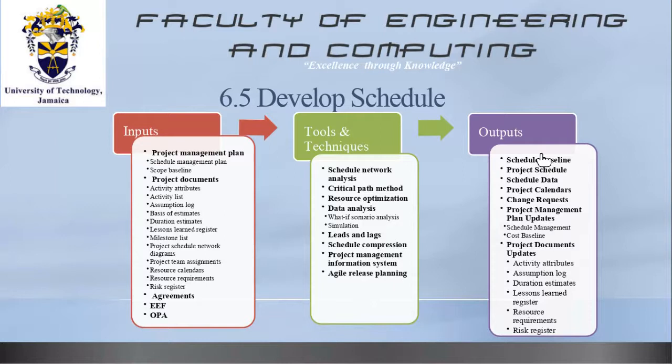All right. Now, the outputs are many, but of course, we get our schedule baseline and the project schedule, the schedule data, the various calendars, and the document updates, etc.